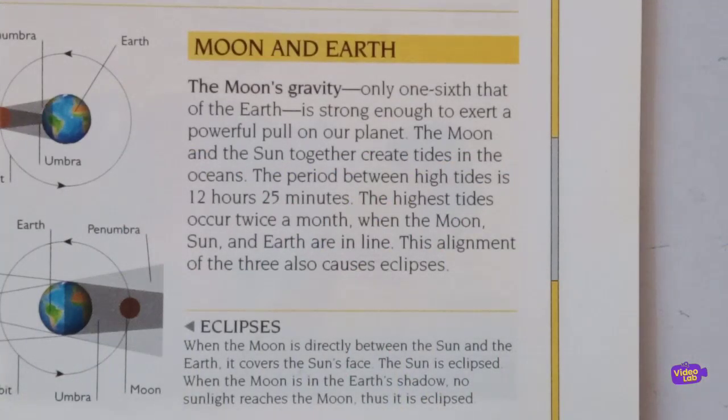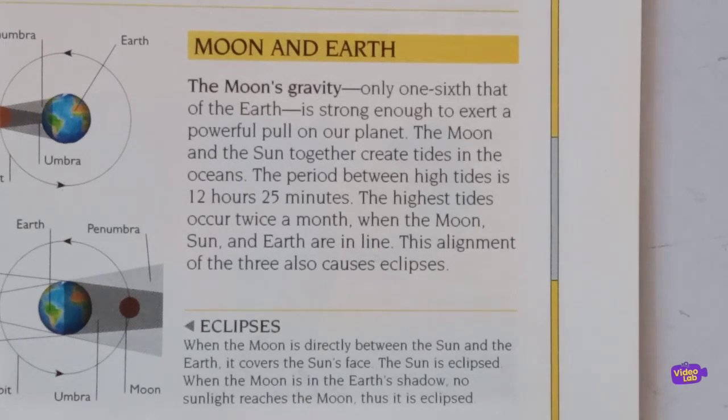Now we have the next para, that is the moon and the earth. The moon's gravity is only 1/6 of the earth's. It is strong enough to exert a powerful pull on our planet. It tells that the moon has only 1/6 the gravity of the earth. Still, it is strong enough to exert a powerful pull on our planet.